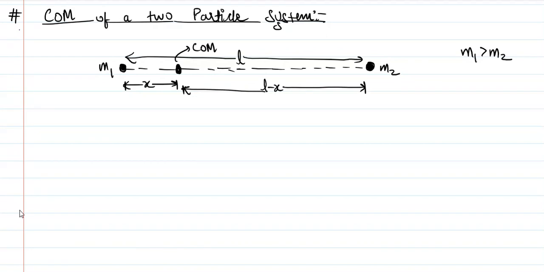Okay, so by mass moment definition you can write sum of all the mass moments of particles will be 0.